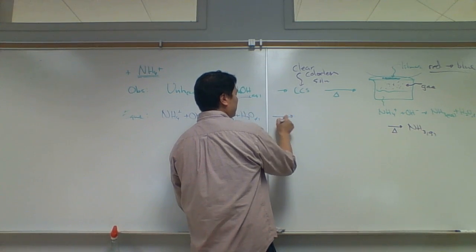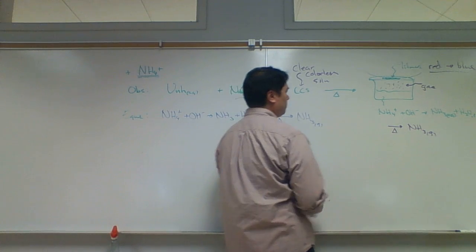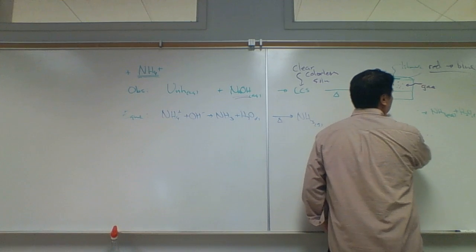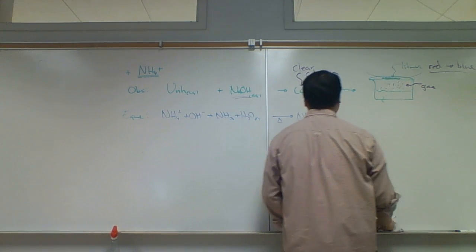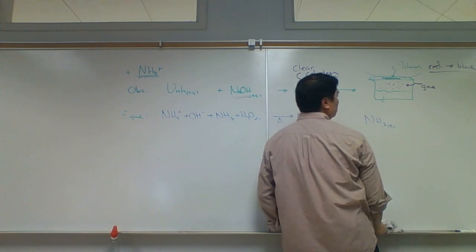When we heat that, that drives off the ammonia as a gas. Then the ammonia gas can come into contact with litmus.